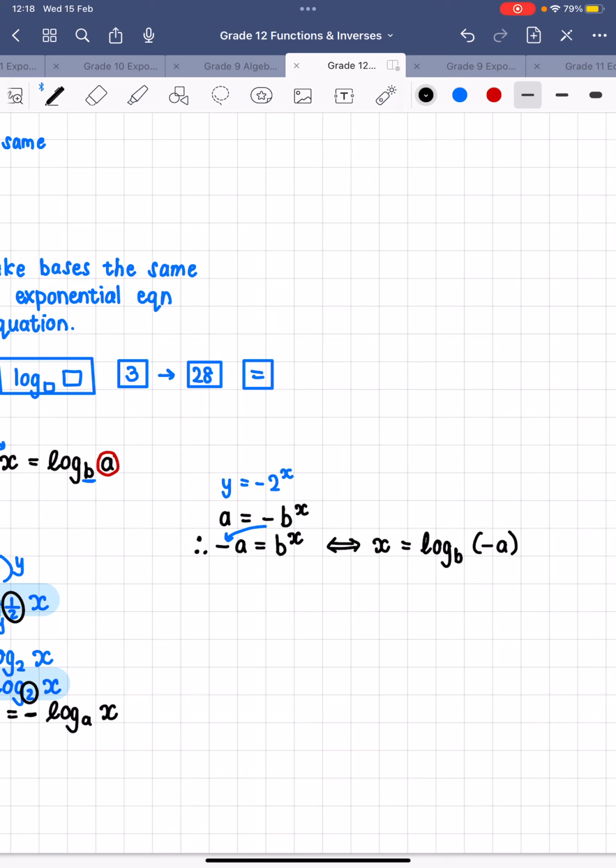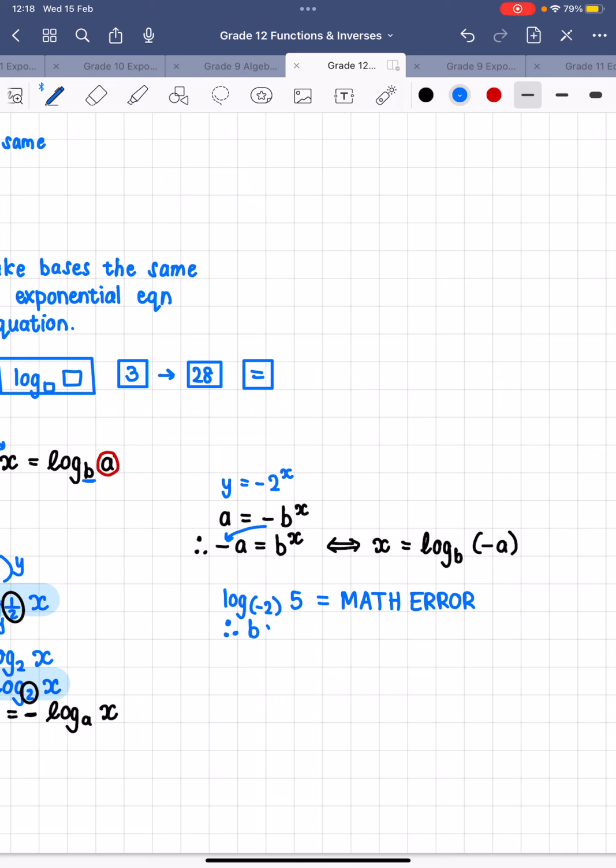If you type log, negative 2, 5 and then press equals, that will come back as a math error. The base of your log can never be negative.